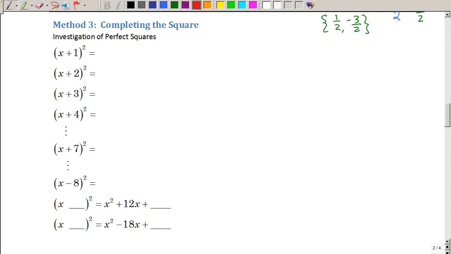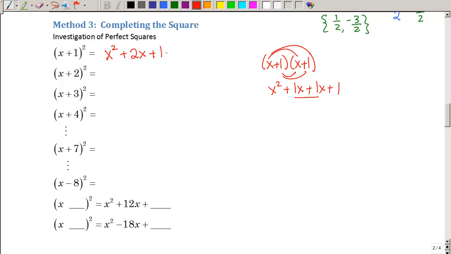If I take (x + 1) squared, that means (x + 1) times (x + 1), and then when I distribute, I'm getting x squared plus 1x plus 1x plus 1. I can combine my two middle terms to get x squared plus 2x plus 1.